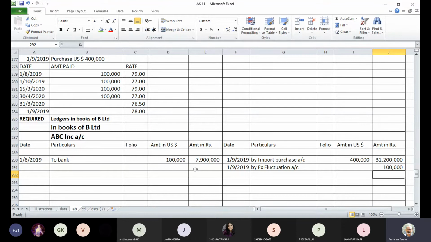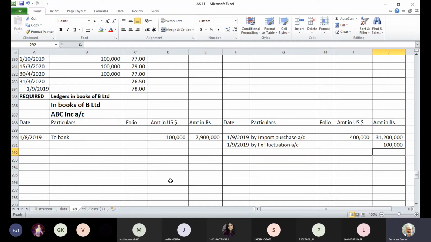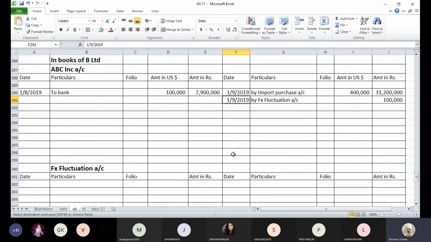So you will end up with a loss because advance is already paid off at 79. So this 1 lakh rupees loss will be debited to FX fluctuation account. So entry is FX fluctuation account debit to ABC Incorporated account.